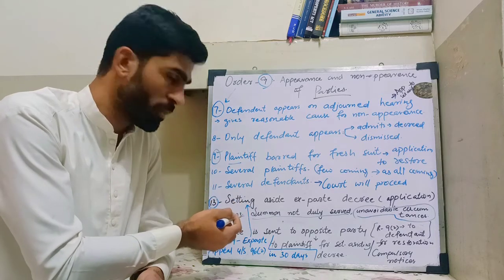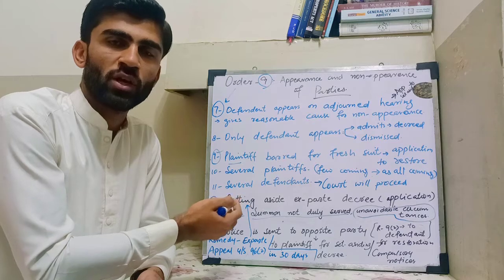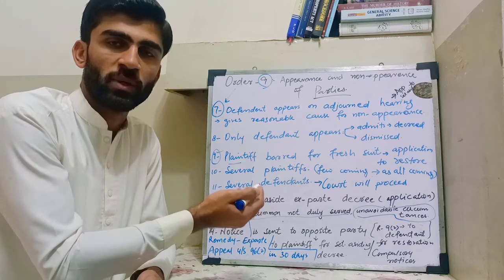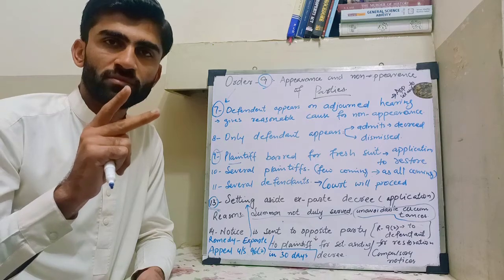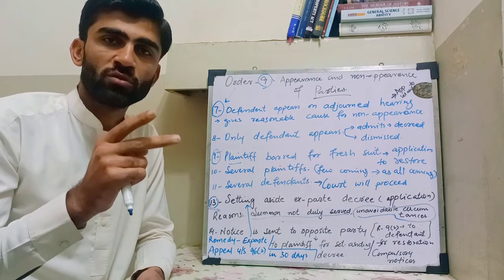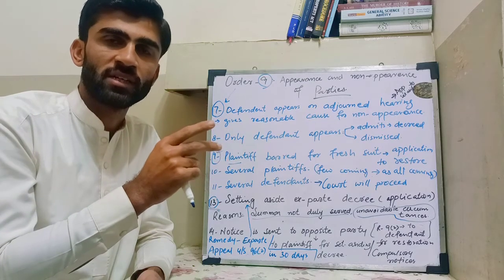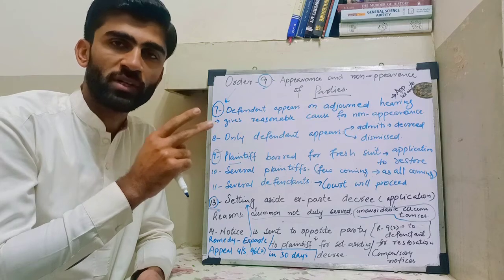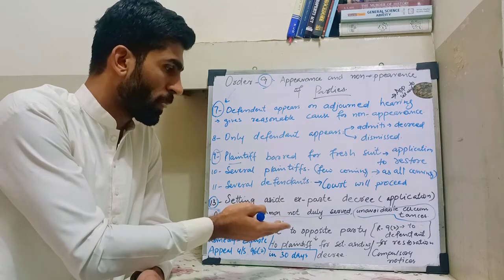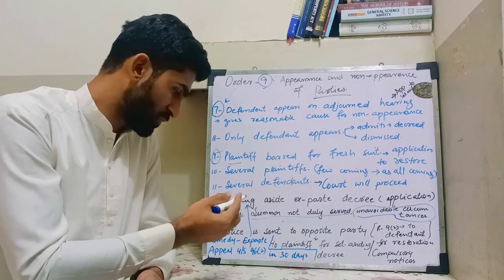So the notices go to the defendant in case of an application for restoration, and to the plaintiff in case of setting aside the ex parte decree. These two notices are mandatory for the courts to send to the respective parties.